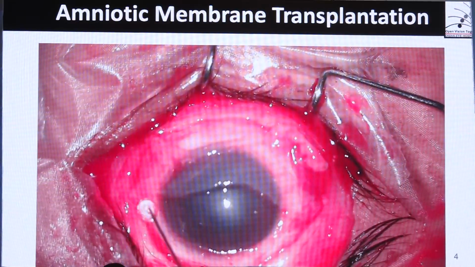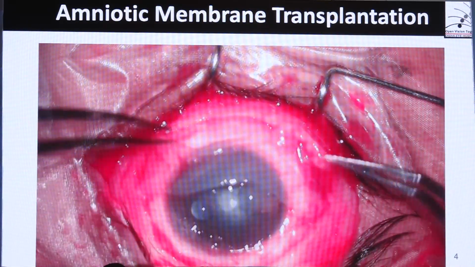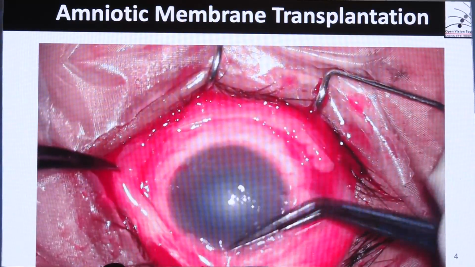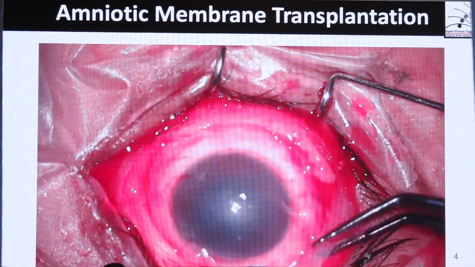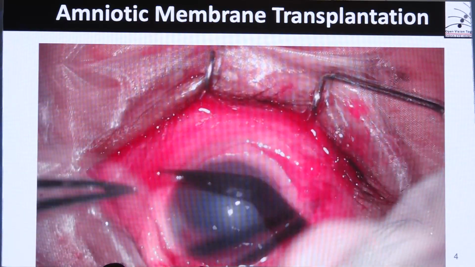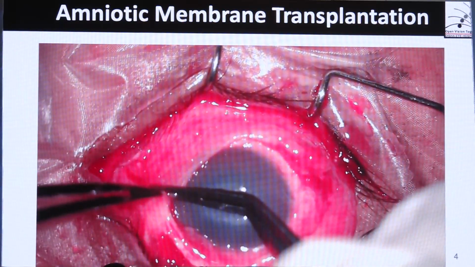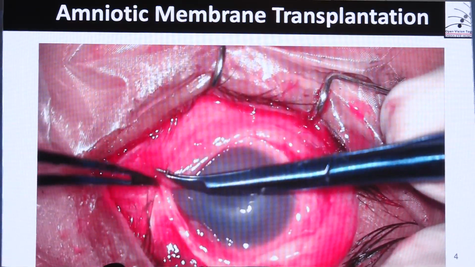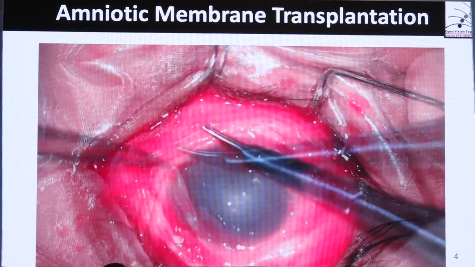And in children, whenever you are putting amniotic membrane, you should put sutures. You can put either a Tenon nylon circumferential suture at the limbus, or you can suture the peritomy areas using Vicryl sutures, because children will rub and sometimes it may dislodge.